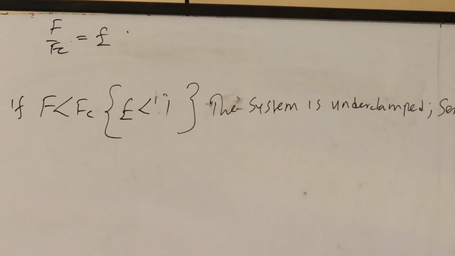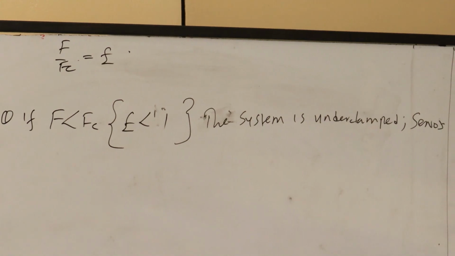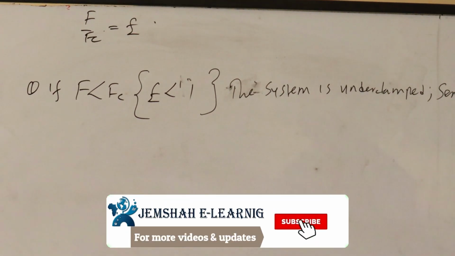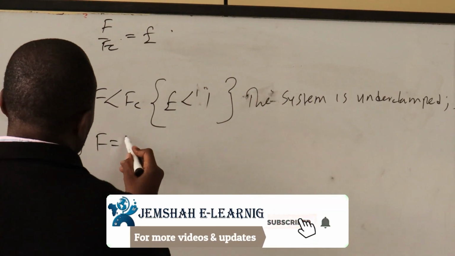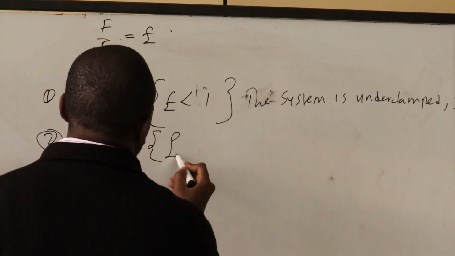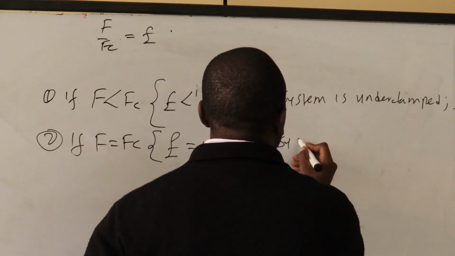Then, second, if F is equal to Fc, that is to say zeta is equal to 1, then the system is critically damped.